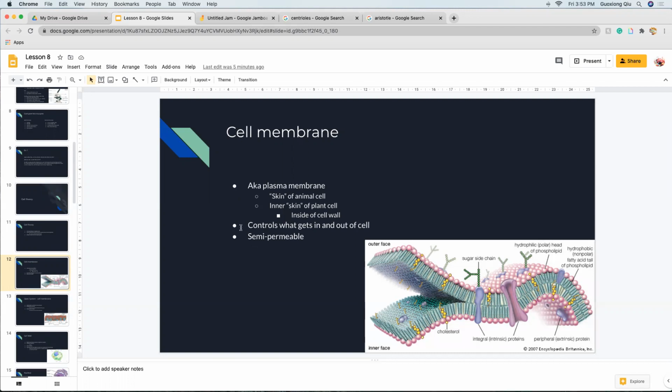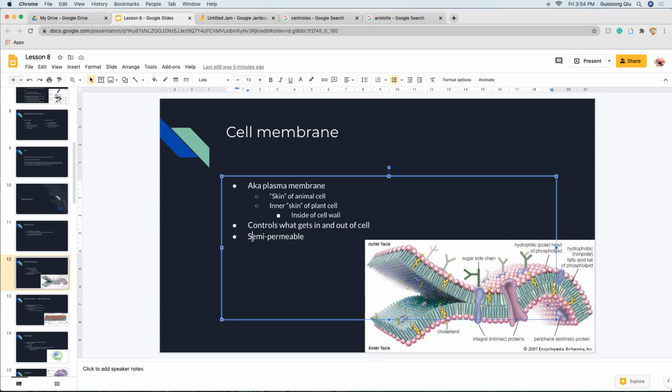The cell membrane also controls what gets in and out of the cell. It is also semi-permeable, which just means some things can get in and out, some things can't. The cell membrane blocks other things like bacteria from getting into your cell, or certain viruses sometimes.